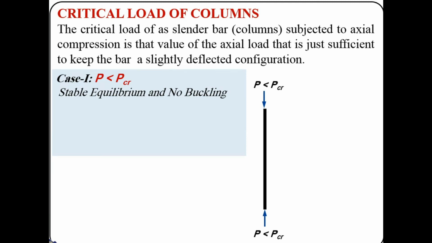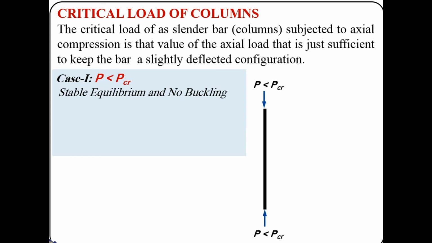The column is perfectly straight until, for example, I approach a value of 100. At 100 again the column is straight, so we cannot observe any lateral deformation. At this point, we are assuming that we still have a reserve capacity of 150 megapascal because the yield strength of the material is 250 megapascal.